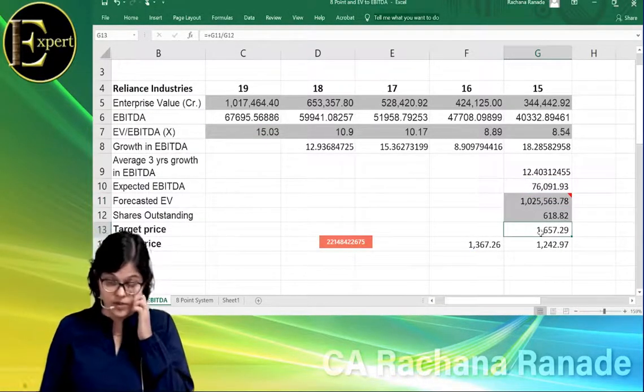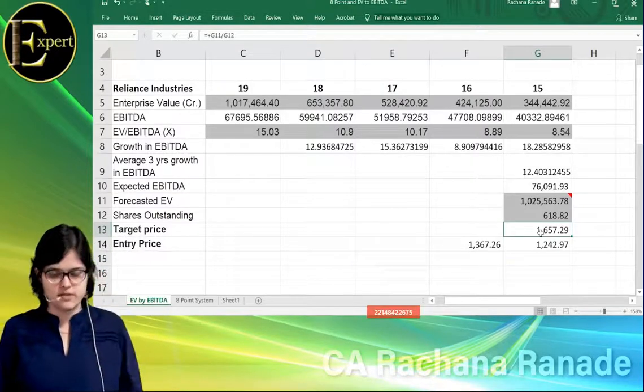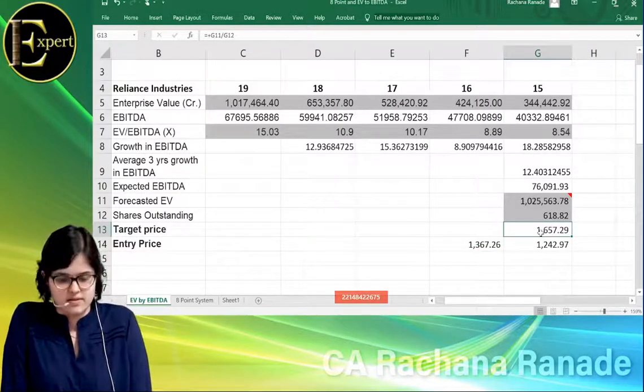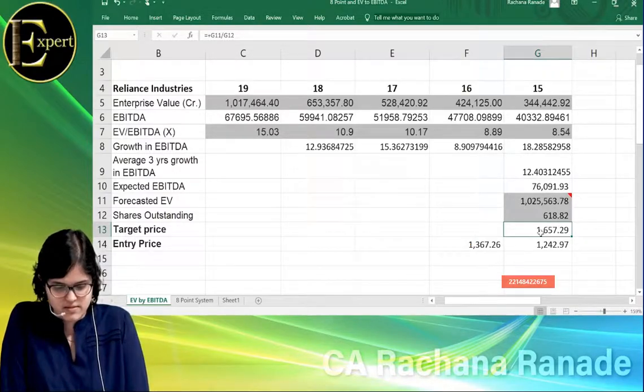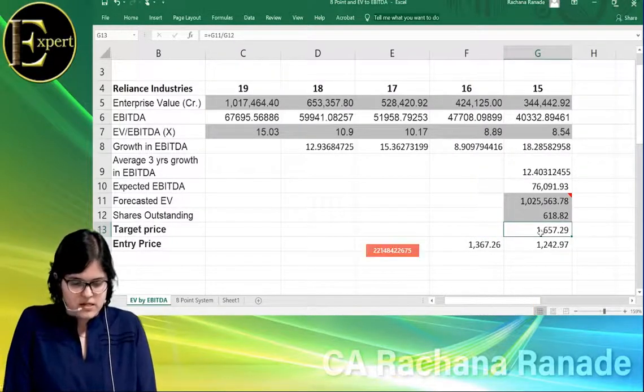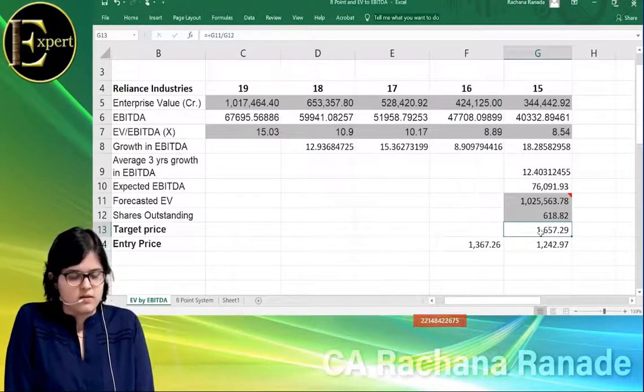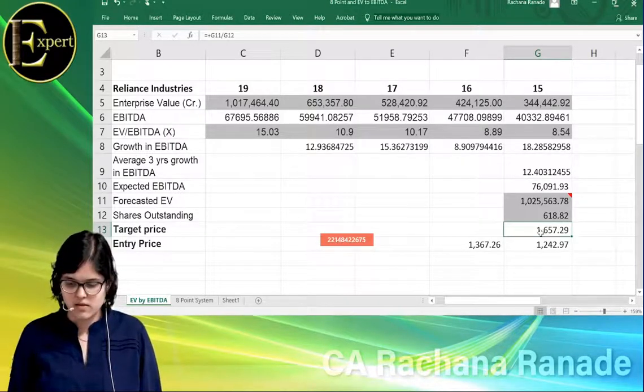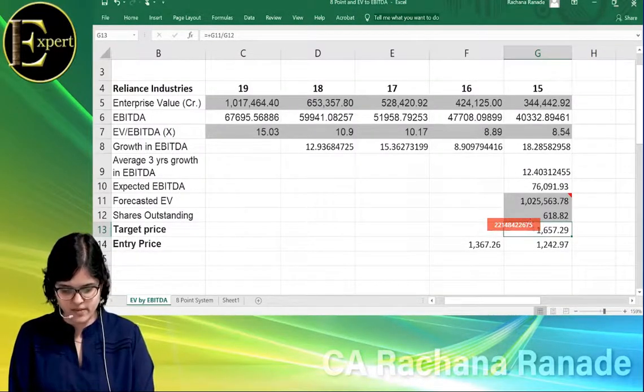And what is the second last point? Target price is equal to this step divided by this step.